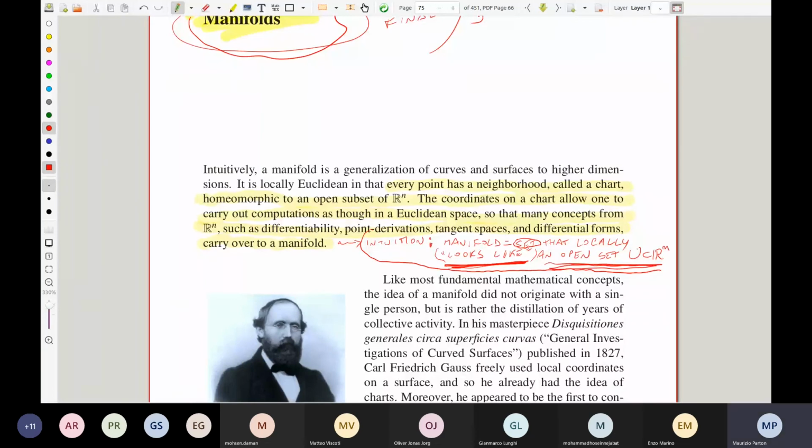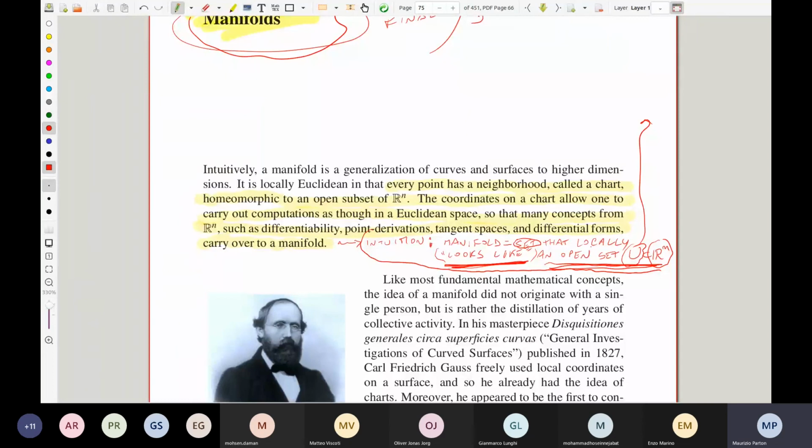And remember, at the beginning I told you that all connected open sets in Rn are just Rn, by the stereographic projection, more or less. So the manifold is a set that locally looks like Rn.